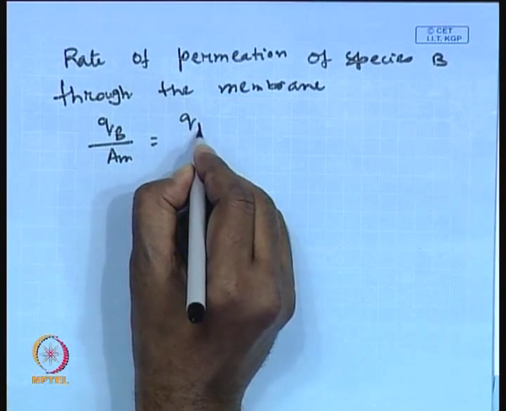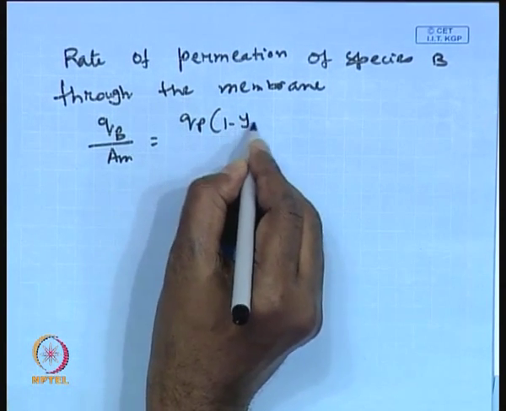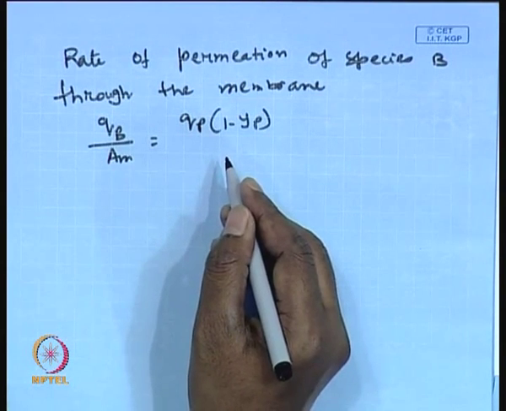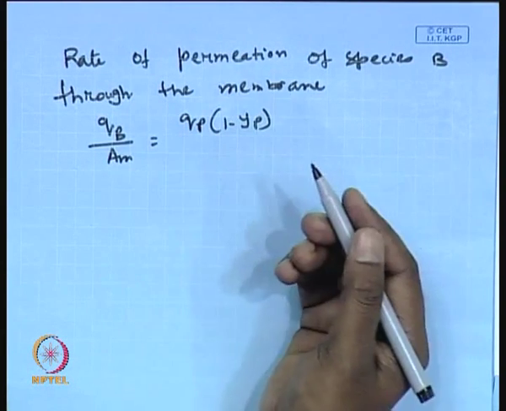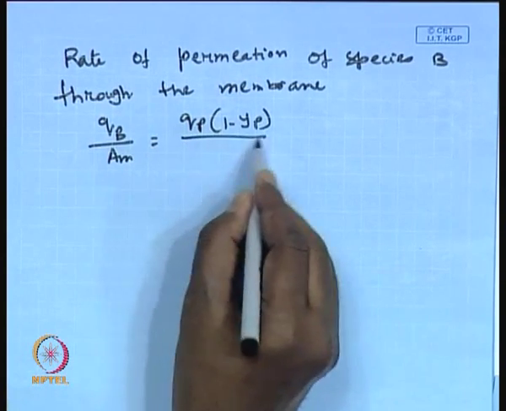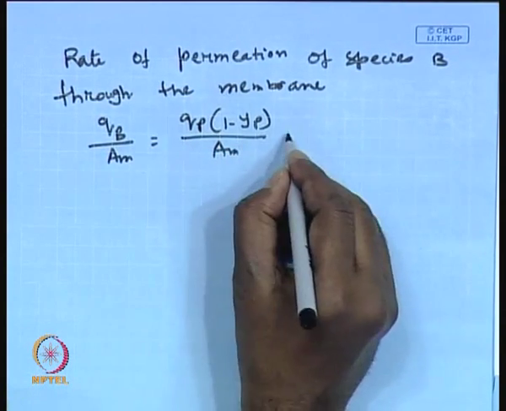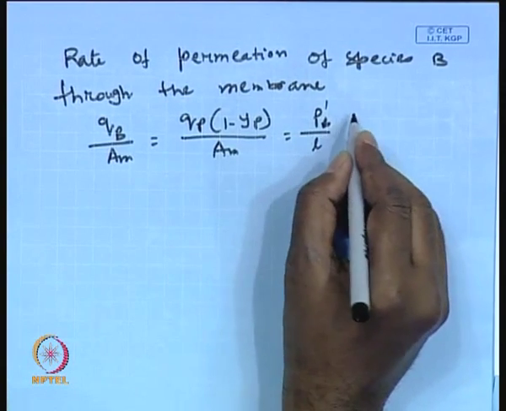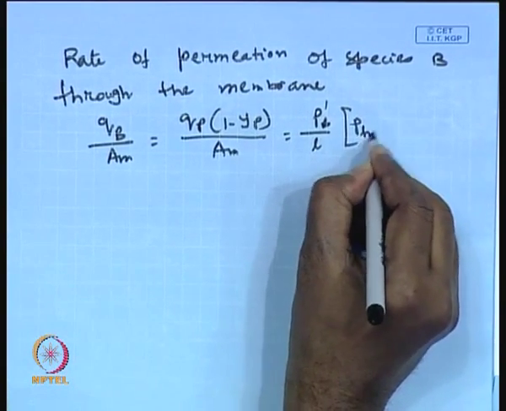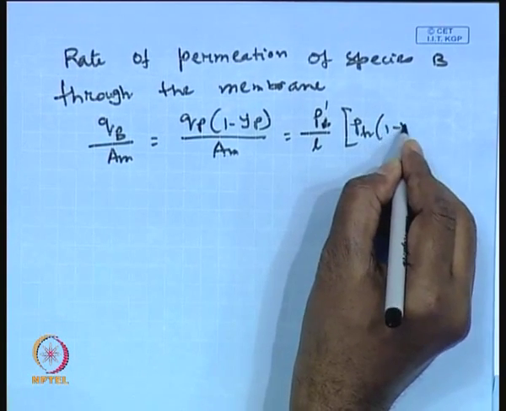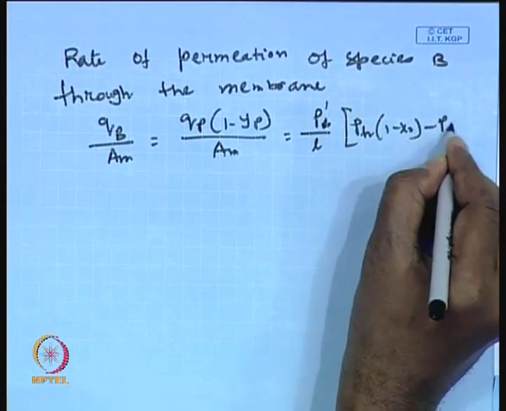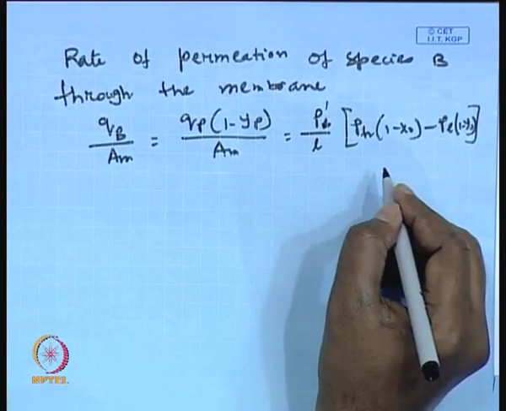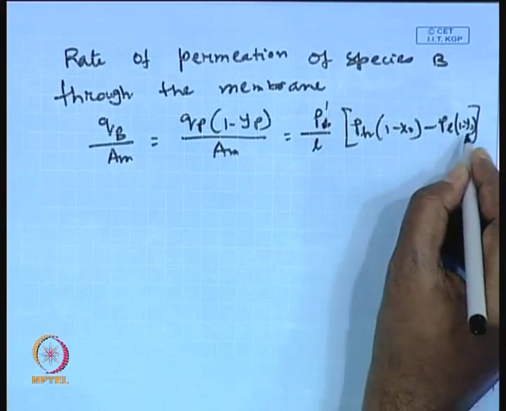QB will be nothing but QP multiplied by 1 minus YP. We are considering it is a binary mixture. Since the YP is the mole fraction of A, then 1 minus YP should be the mole fraction of B, divided by AM should be equal to PB prime divided by L pH 1 minus x naught minus PL 1 minus yp.